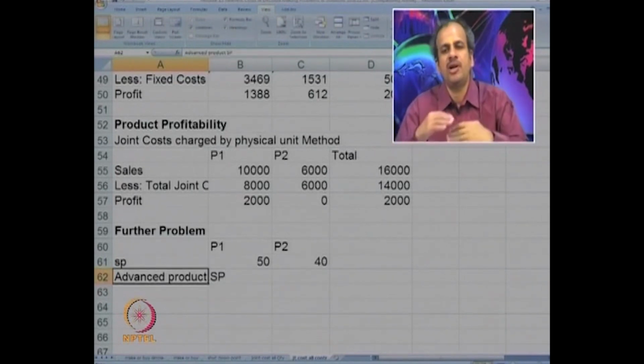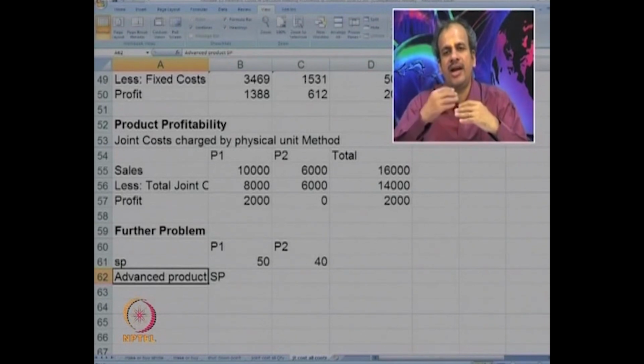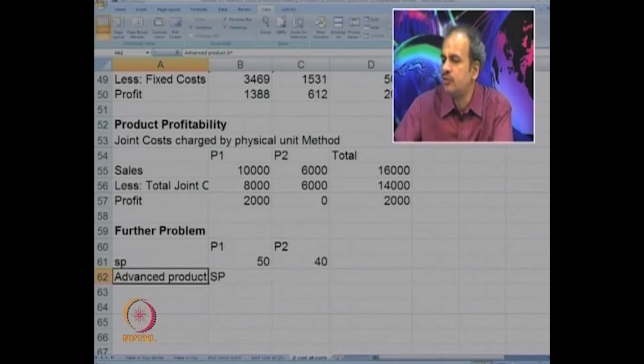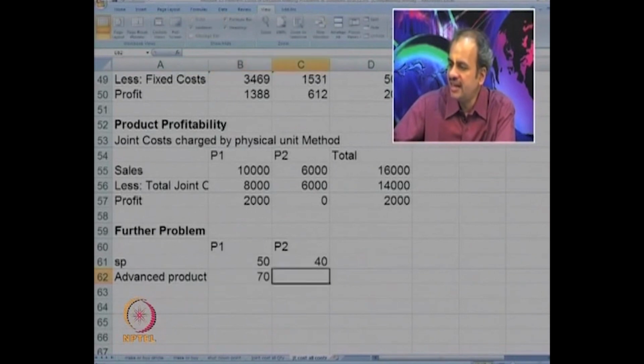Now, it is possible to make some more refinements in those products, and then I can perhaps sell them at 70 rupees and 62 rupees.